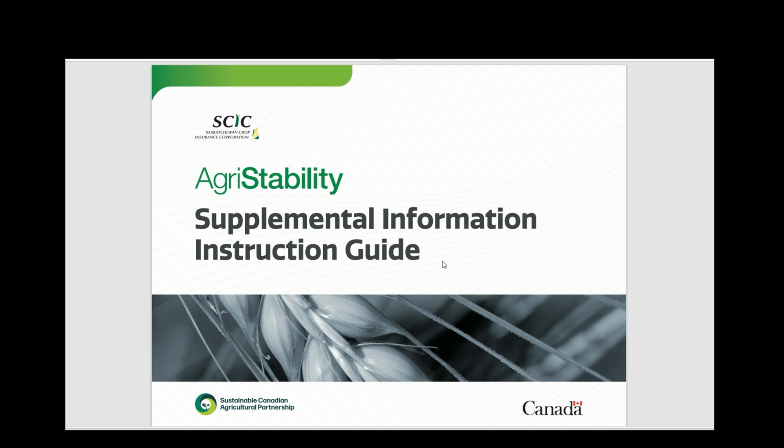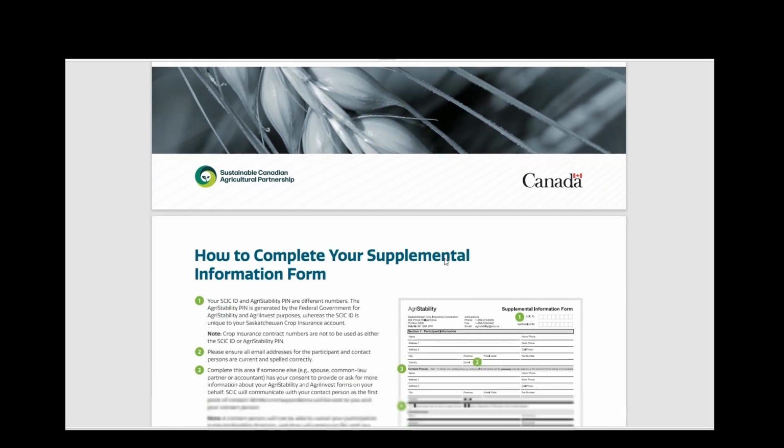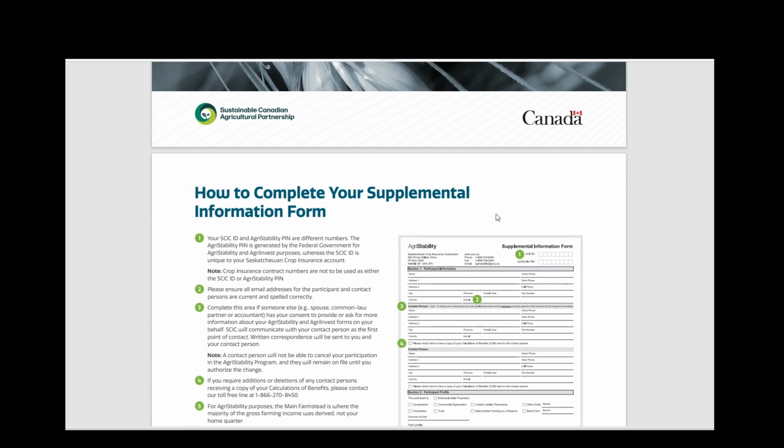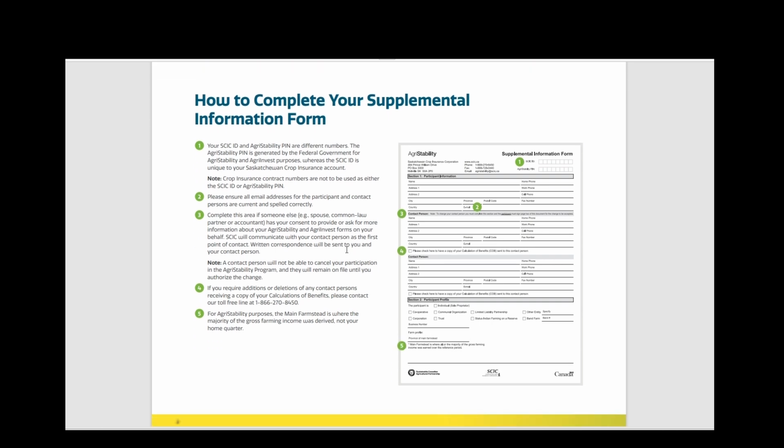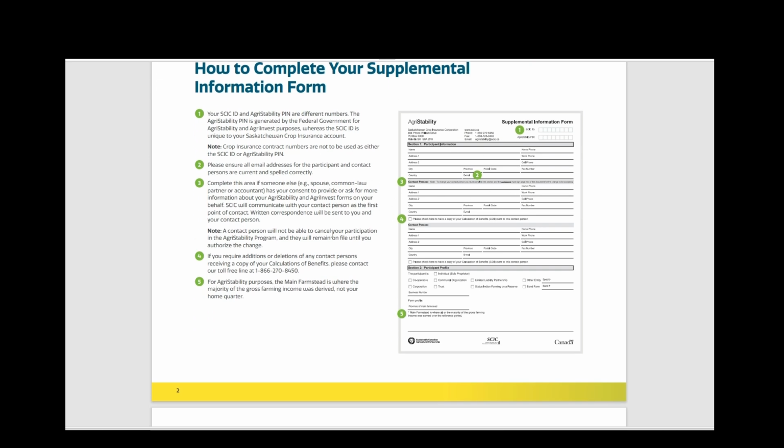And this is a guide that will walk you through step by step, section by section, and it explains how to fill it out. Sometimes there's a little example on what goes in each section, and you can just reference that. Again, have it beside you as you're completing your AgriStability supplemental information form.